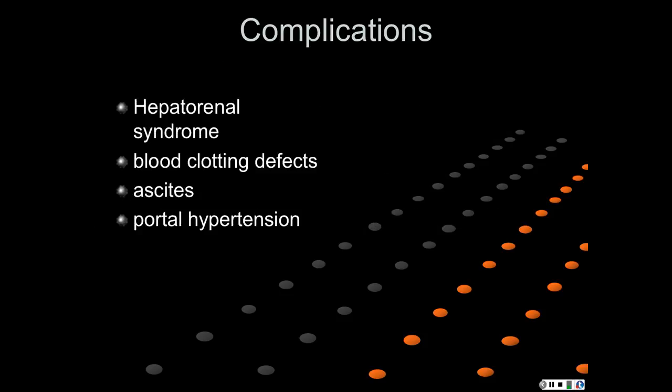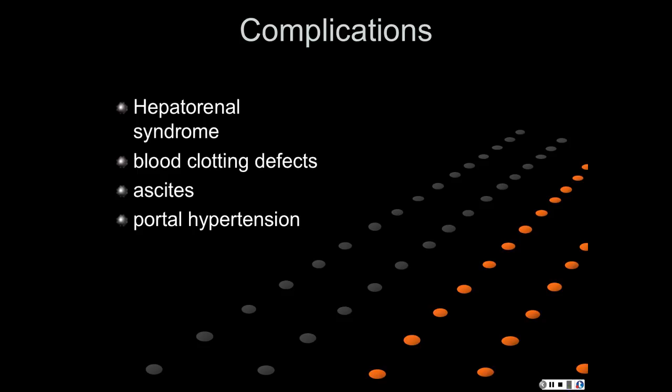Okay, complications of cirrhosis of the liver. We talk about hepatorenal syndrome because of the communication, in terms of function, between the liver and the kidneys. Blood clotting defects, because there's a reduction in the formation of the clotting components.